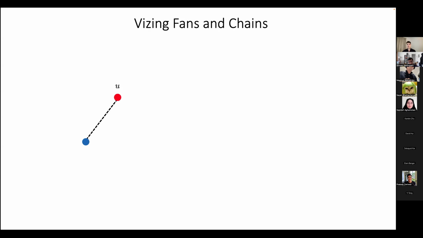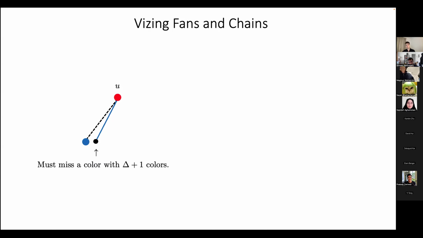So in a general graph, instead of just considering the blue-red path coming out of U, we do something slightly different. We consider the first blue edge, and we consider the other endpoint of this blue edge that's incident on U. Notice that if there is no such edge, then blue is also missing at U, and we can immediately color this edge blue, and we're done, right?